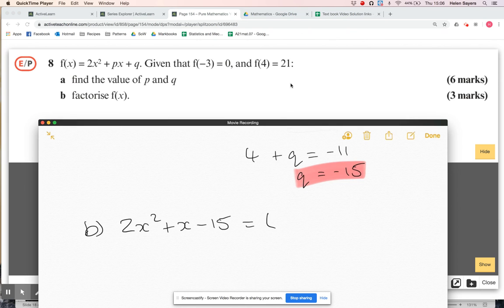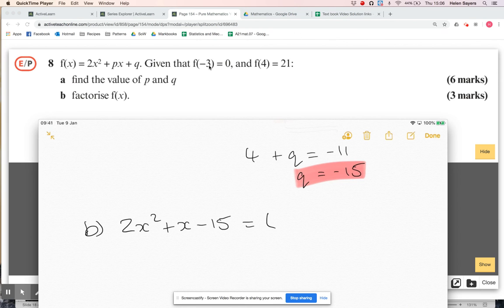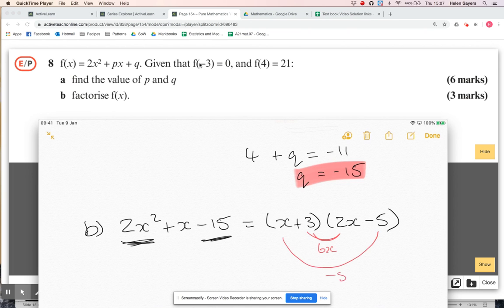But also, they told me what one of the factors is, because if when I substitute minus 3 and I get 0, that means x plus 3 is a factor. So the other factor has to be 2x, because it's 2x squared, and then it has to be minus 5, because it's minus 15, and then I can just check the x term. So that would give me 6x minus 5x, so that would give me 1x.